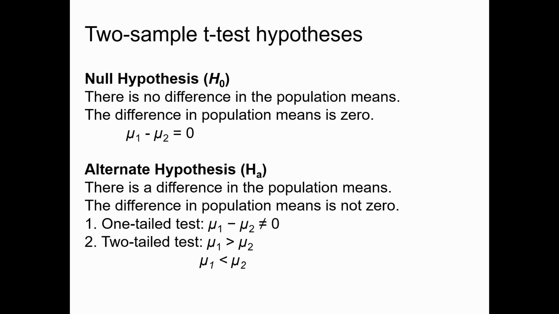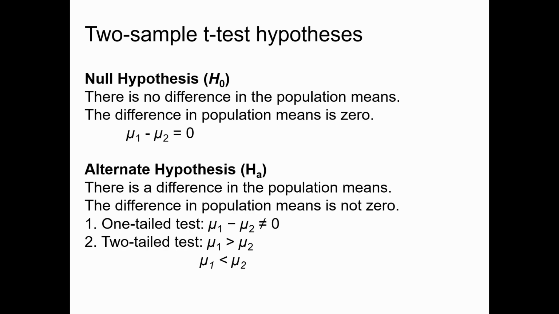Another way of saying that same alternate hypothesis is the difference in population means is not 0. Right? It's the opposite of the null hypothesis. Or if you want to say it mathematically, for a one-tailed test, that's where you don't really know whether you think the difference between one population and another will be greater or smaller. That's called a one-tailed test.